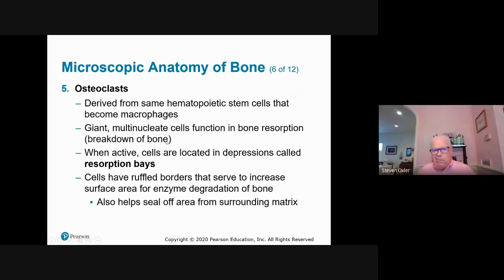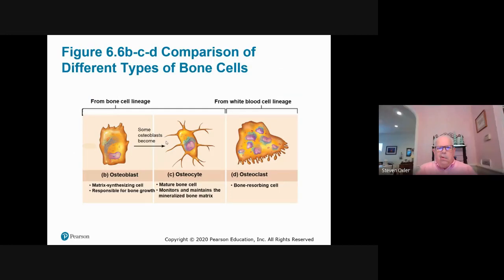So you have osteoblasts that build bone, osteocytes that maintain bone, and osteoclasts that break down bone. Okay? Very important. These 3 cells are very, very important. Osteoblast, build it. Osteocytes, maintain it. Osteoclast, break it down.